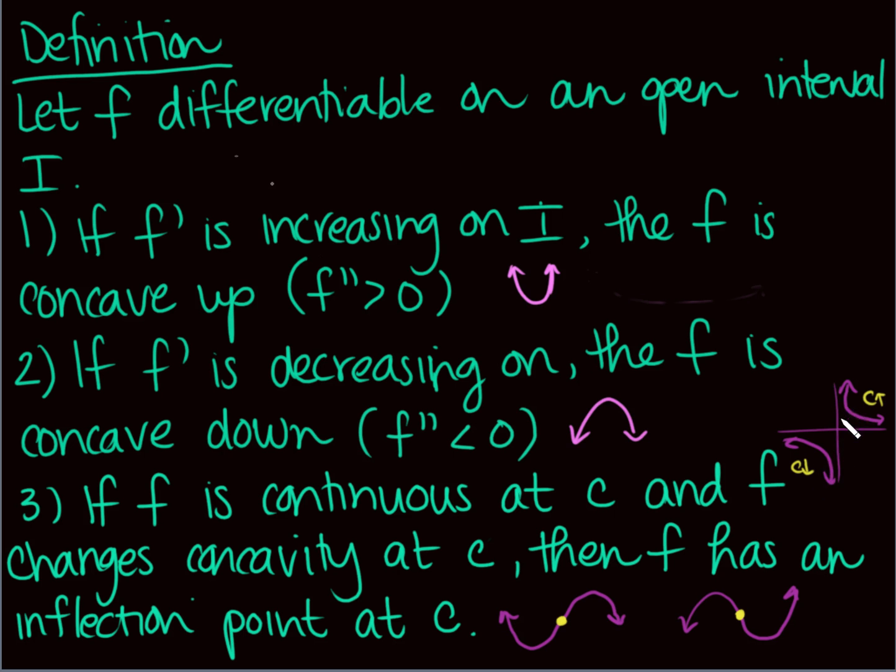So even though I do change concavity on each side of the y-axis, I can't actually say I have an inflection point at 0 because I'm not even defined at 0. So I can't really say I change concavity at 0. Does that make sense? I hope so. Let's look at a couple simple examples.